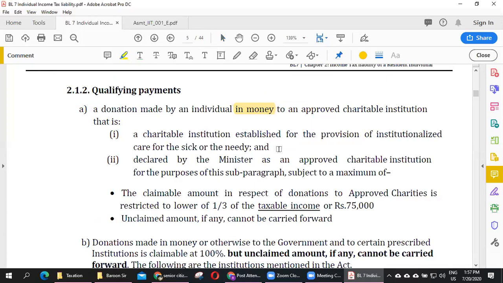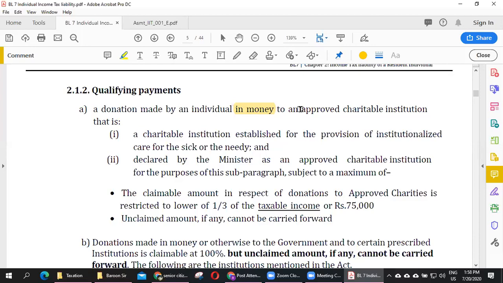Say we can donate furniture, we can donate a building, we can donate milk packets. These kinds of donations are not entitled as a qualifying payment, right? So the important word is money. To claim as a qualifying payment, you have to donate, say 100,000, 200,000, 50,000, like that. In terms of goods or other ways, it is not considered a qualifying payment.